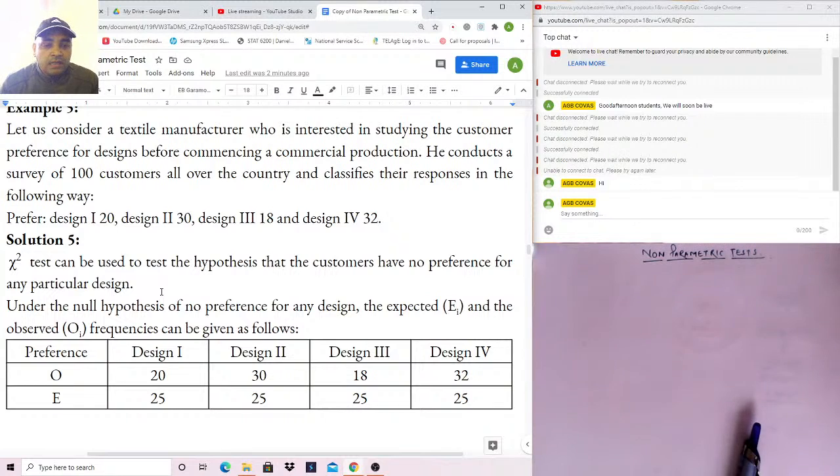Now here, if a layman is there, then he will think that because design 4 is liked by 32 people and it is the most preferred design, I should go with design 4.